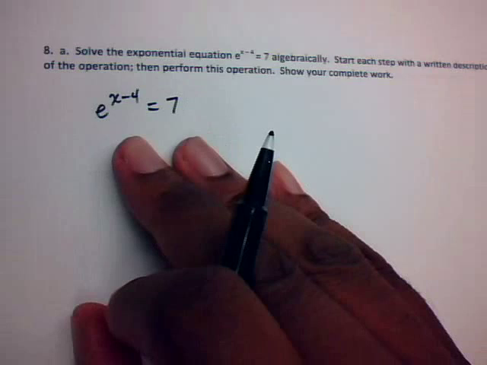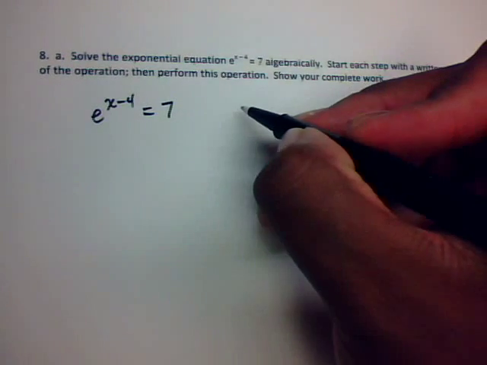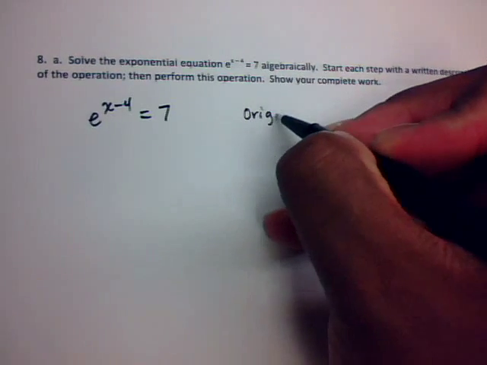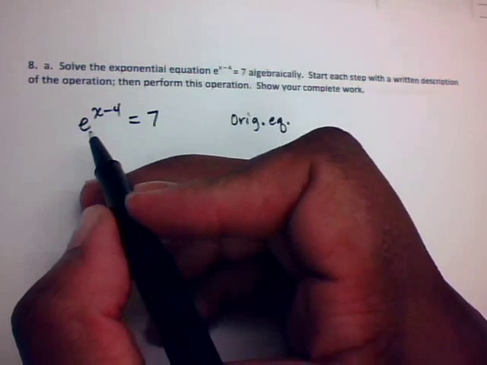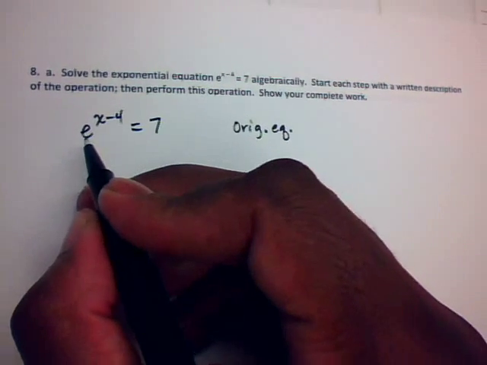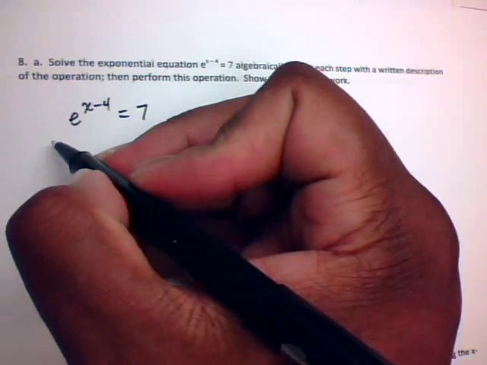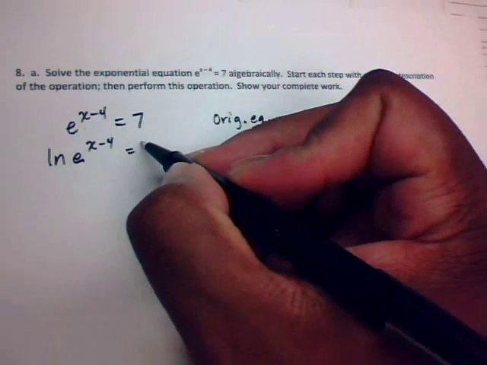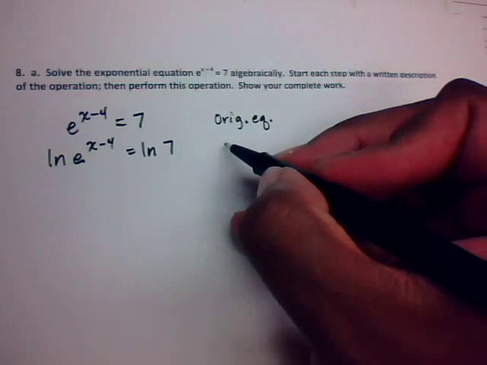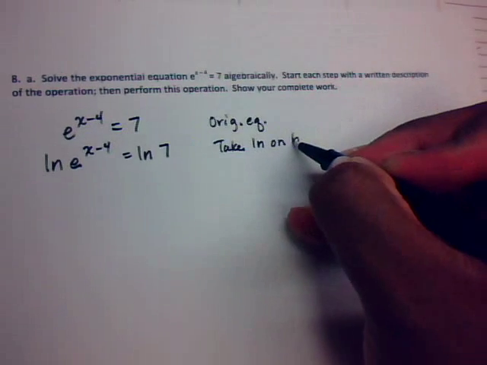That's the original equation that you start off with. Since I know that e and ln are inverses of each other, the best way to solve this one is to take the natural logarithm on both sides of this equation. So what I'm doing here is taking the ln on both sides.